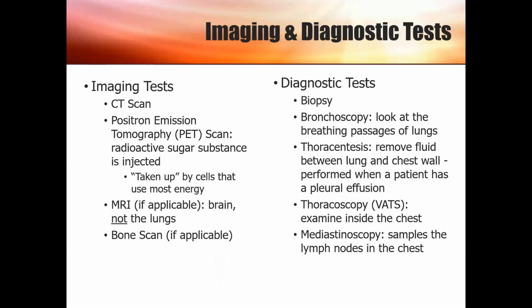Because cancer tends to use energy actively, it absorbs more of the radioactive substance. The images from the PET scan identify if there is any uptake, and this is considered positive for cancer if the uptake is more than the normal level should be.